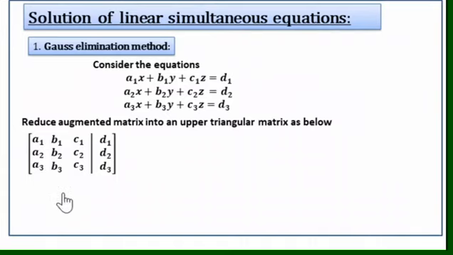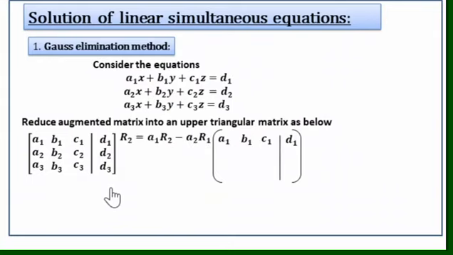When we do this, the first row will remain as it is, no changes in the first row, and we apply the row operation R2 equal to A1 R2 minus A2 R1 on the second row. So we get A1 into A2 minus A2 A1, which is 0.